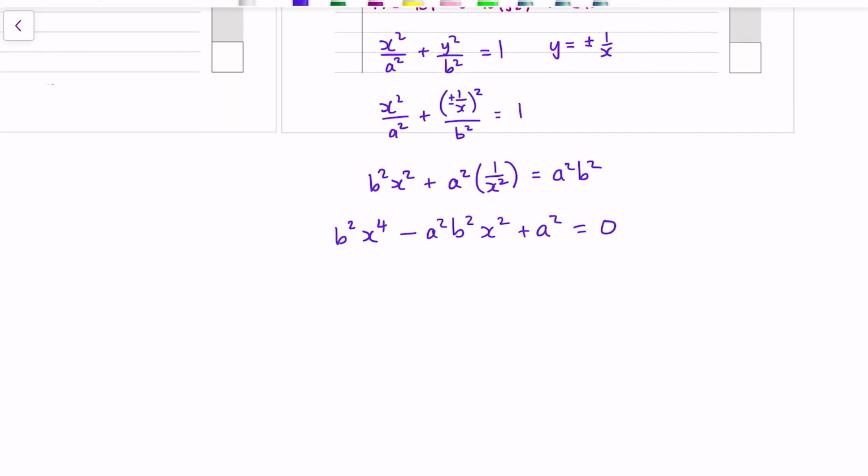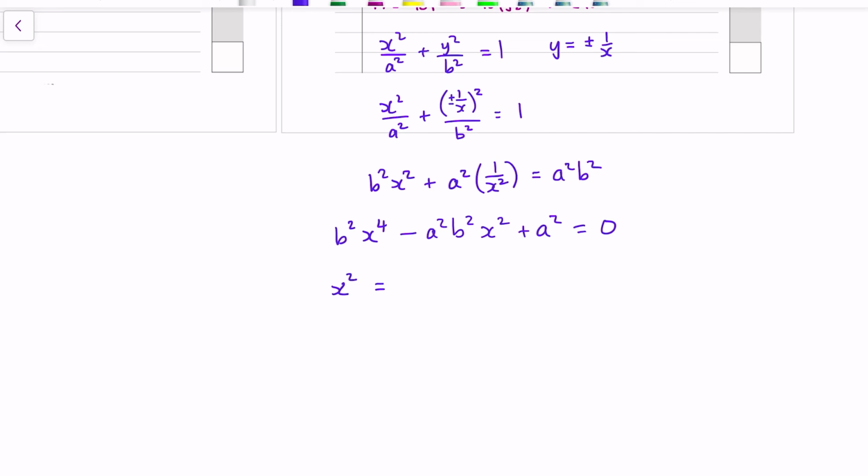Now, this is a disguised quadratic equation. If I let something like z equal x squared, then I've got b squared z squared, and so on. Don't really need to make the substitution, I can just solve using the quadratic formula.